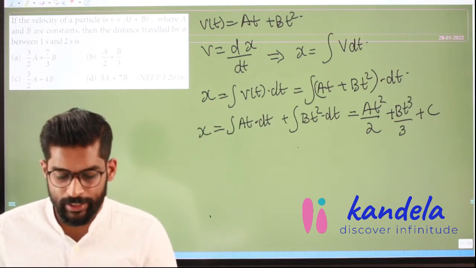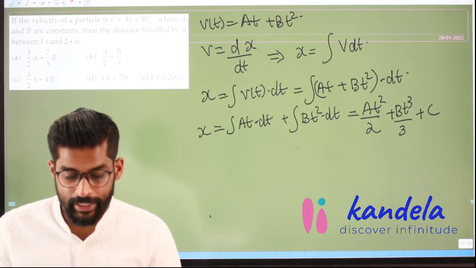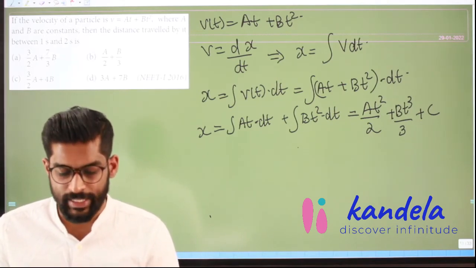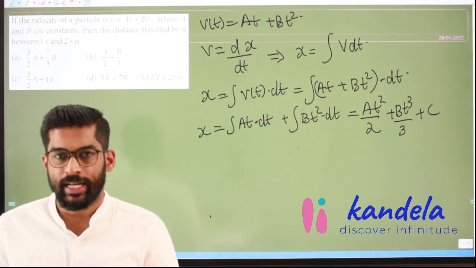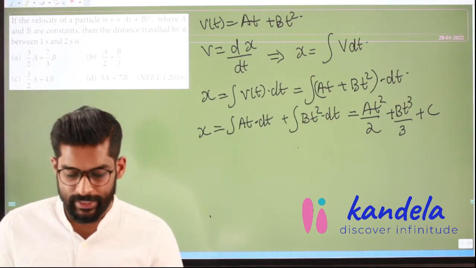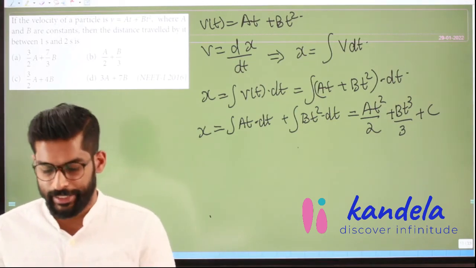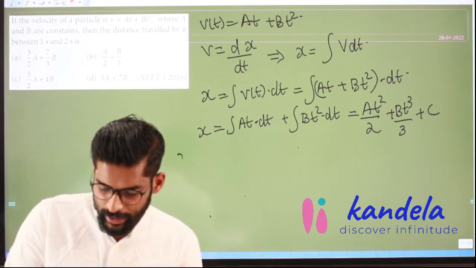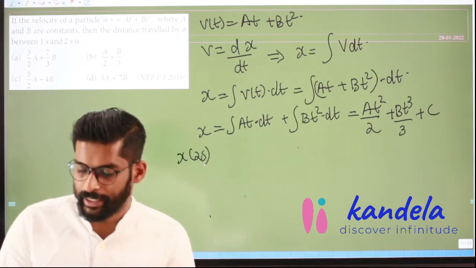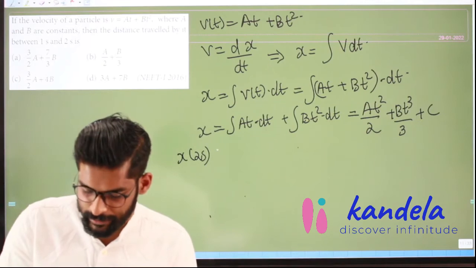Now what we need to find out? The distance traveled by it between time t equal to 1 second and 2 seconds. So that will be the position at 2 seconds minus the position at 1 second. The position at 2 seconds I can find by plugging 2 into this equation.